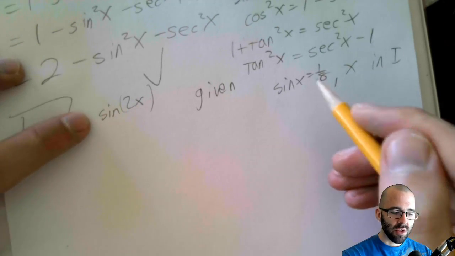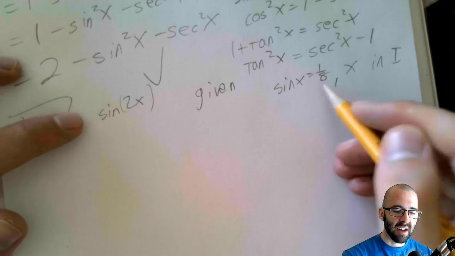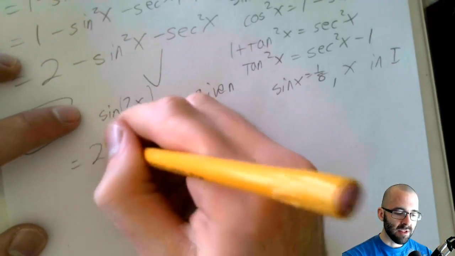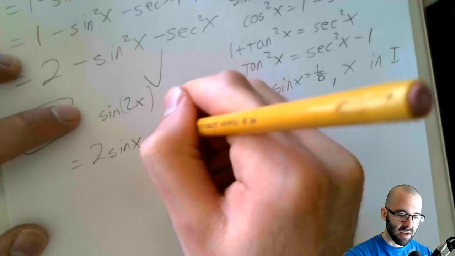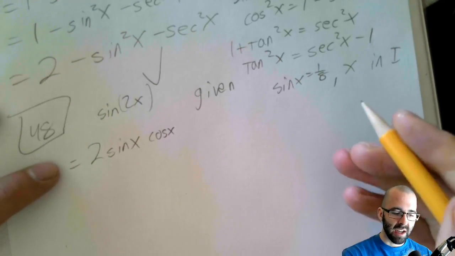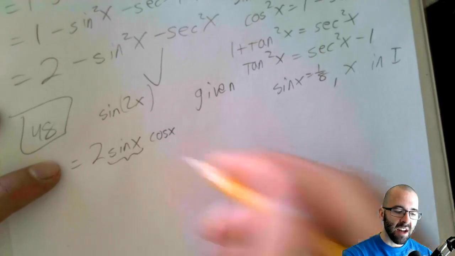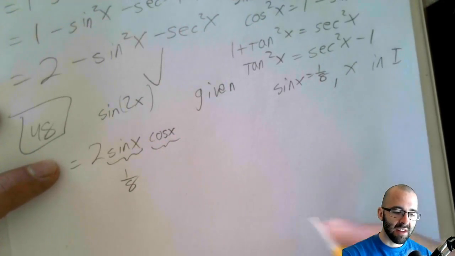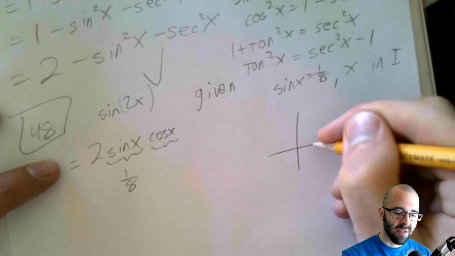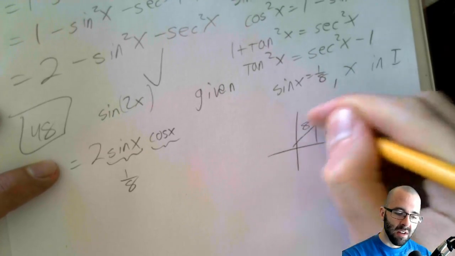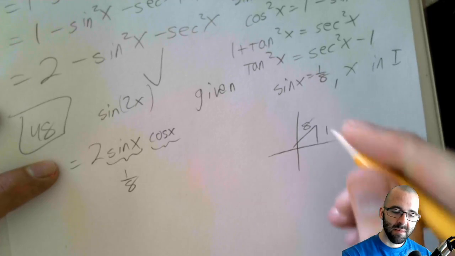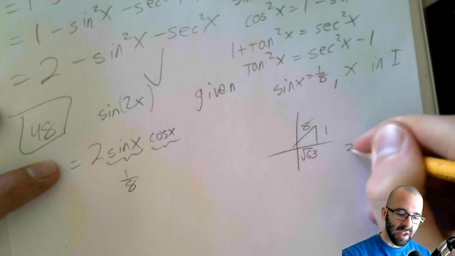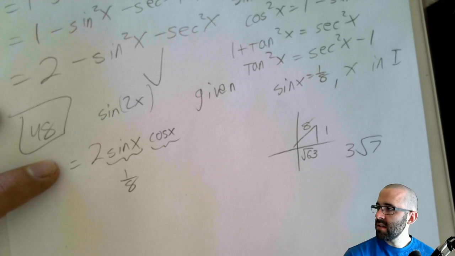The only relationship between sine of 2x and sine of x is with the identity. Sine of 2x is 2 sine of x cosine of x. And now we can plug in, because sine of x, that's the 1/8. Cosine of x, well, that's something, but we have to find it with the Pythagorean theorem. Square root of 63, which should be 3√7.